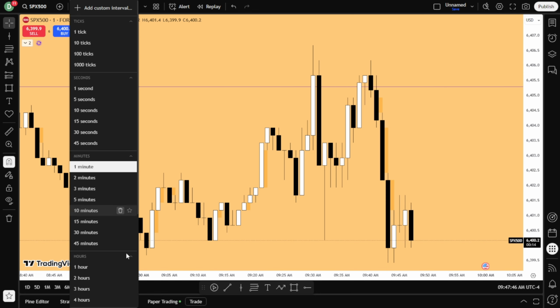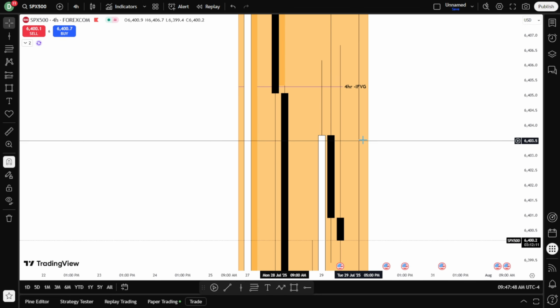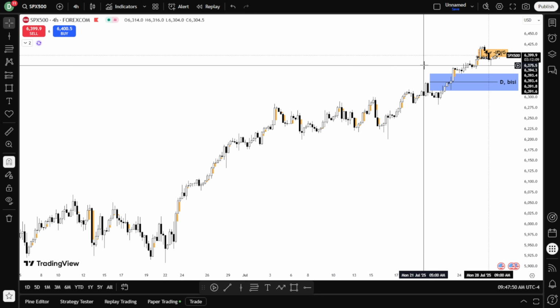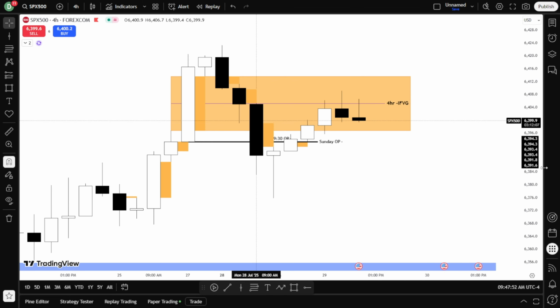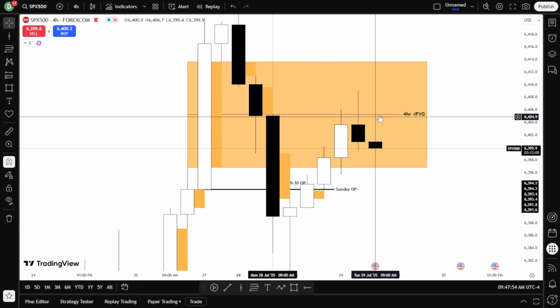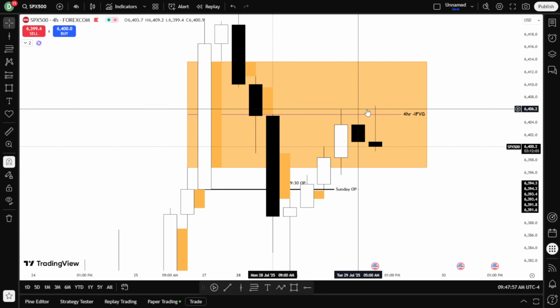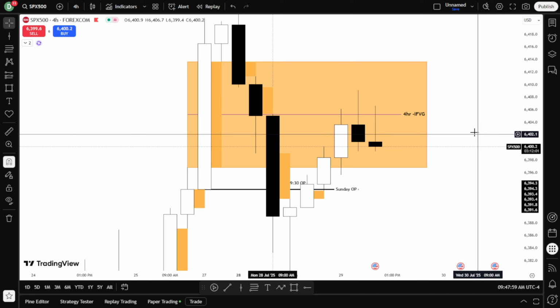And I showed you this on the 4-hour. I told you that I'm looking for this level to act as the resistance, and look at that.